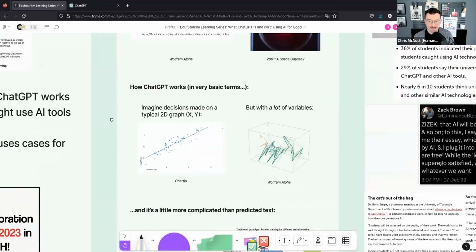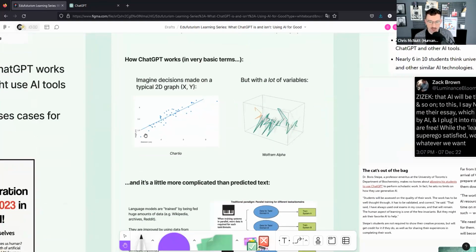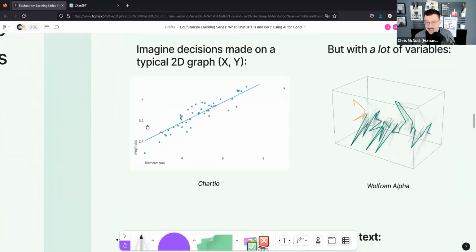statistics. In really basic terms, if you consider it like this, on the left side is a typical XY axis. If we were considering this from a chat standpoint, if you have an input that says this, the output might be this. So we're just comparing two different prompts.